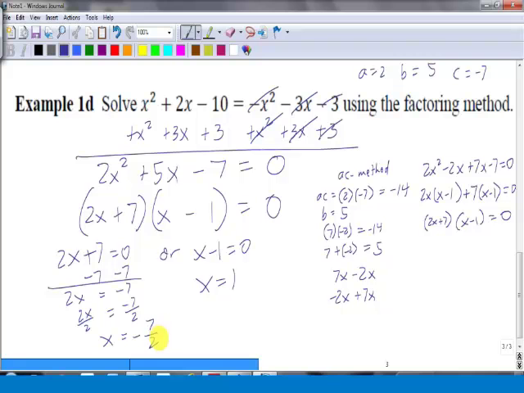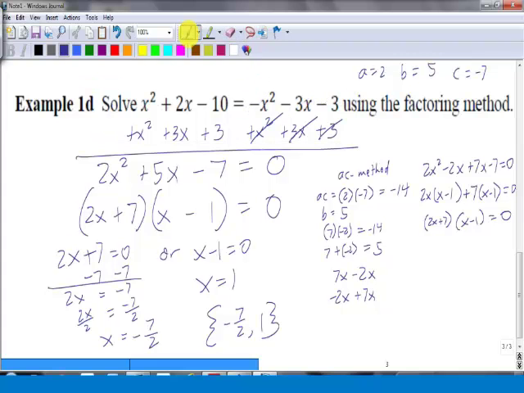So negative 7 halves, positive 1. I think it might take a substantial amount of work to check the negative 7 halves in the original equation and make sure that thing works. I think it'd be pretty easy to check the 1. It might even be worthwhile because of the relative ease of checking that 1 to go ahead and do it.